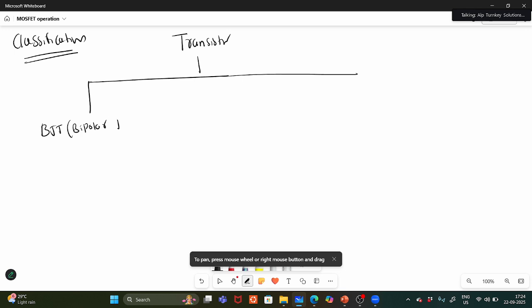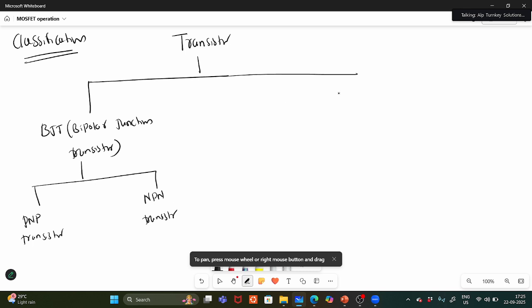Again, there are two types of BJT: the PNP transistor and the NPN transistor.